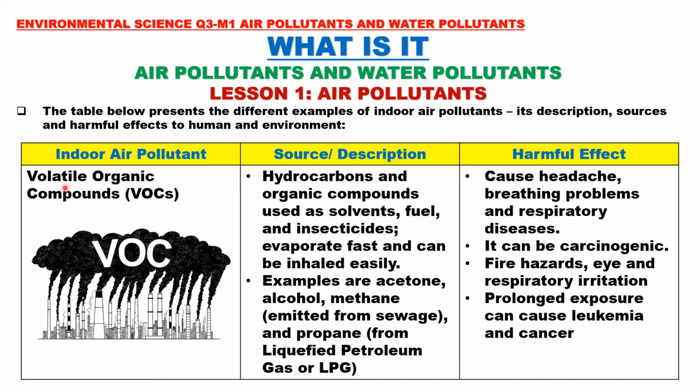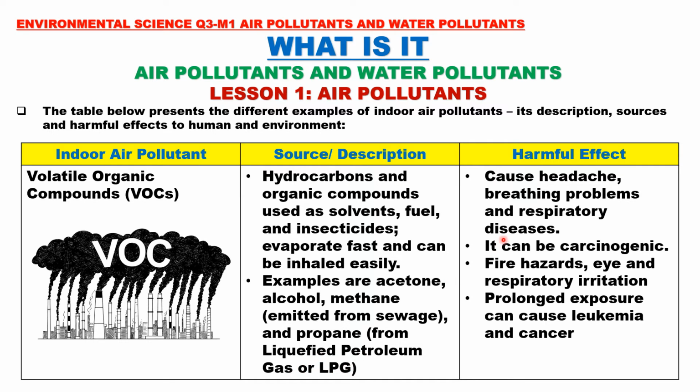Next, we have VOCs or volatile organic compounds. These are hydrocarbons and organic compounds used as solvents, fuel, and insecticides. They evaporate fast and can be inhaled easily. Examples are acetone, alcohol, methane, and propane. The methane comes from sewage, and propane comes from liquefied petroleum gas or your LPG.